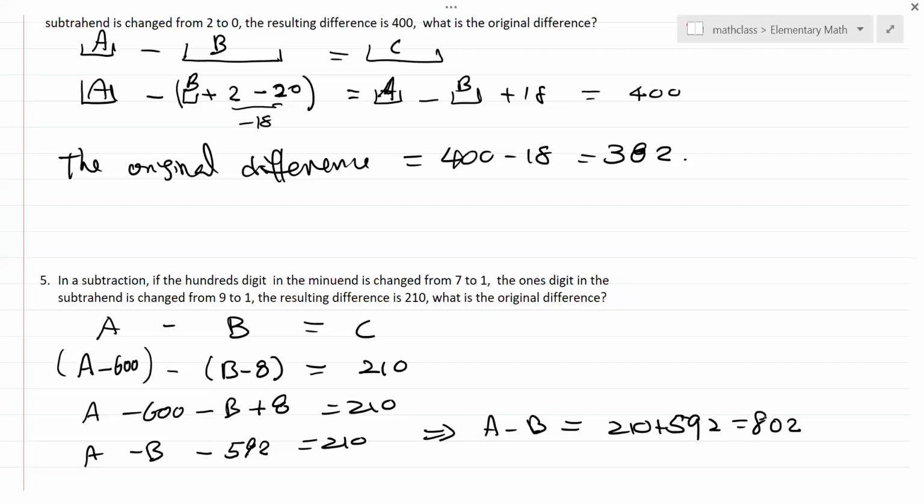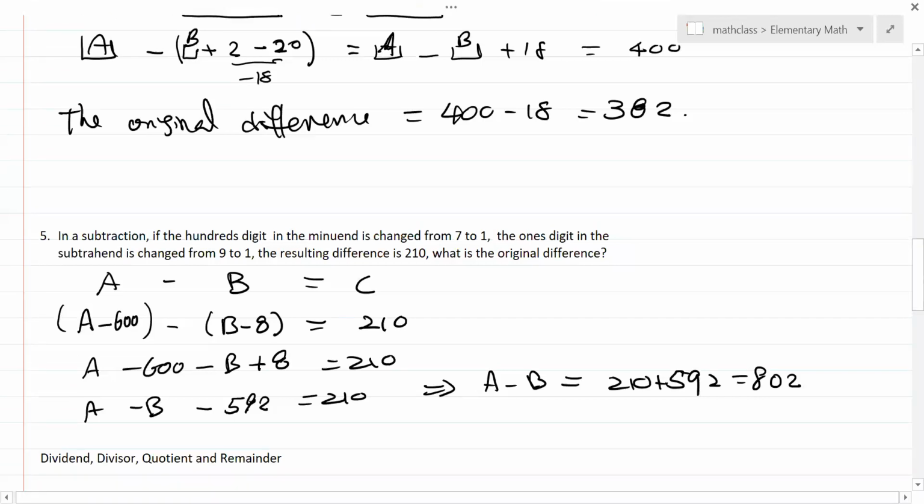You can do the computation in your mind: the first number decreased by 600, the second number decreased by 8, but the result would be increased by 8. I prefer that we gradually learn how to use letters to represent numbers, okay?